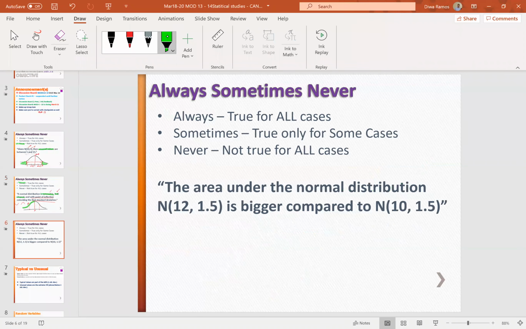Okay, let's take a look at the third one. The area under the normal distribution with a center of 12 and a standard deviation of 1.5 will have a bigger area compared to a normal distribution with a center of 10 and a standard deviation of 1.5.